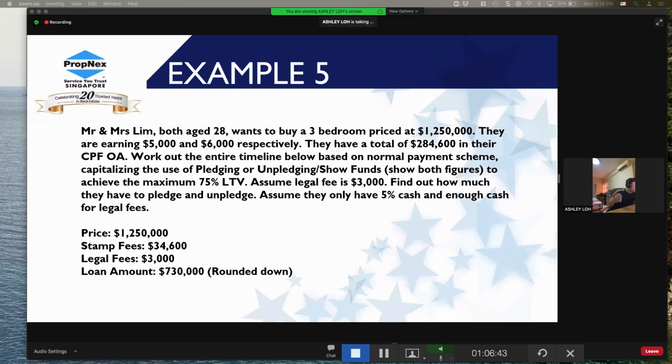$43K and 145,600. Anyone else got the pledging, unpledging?